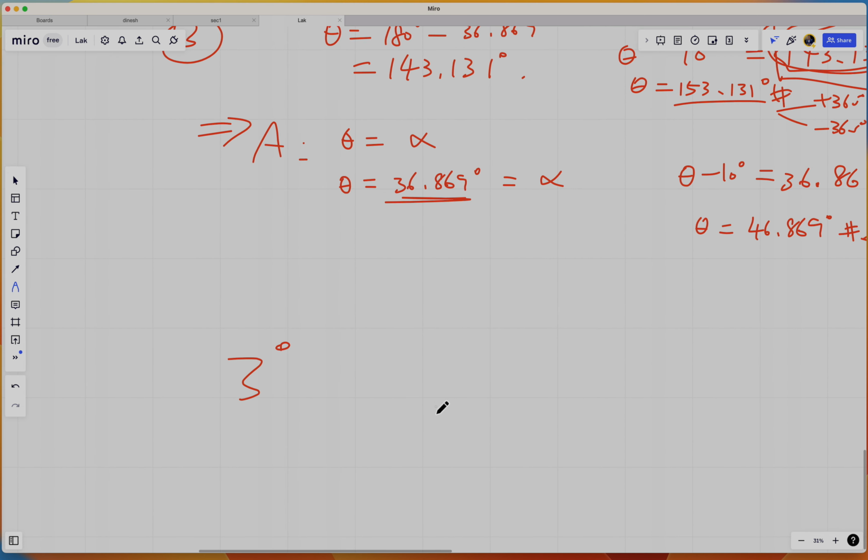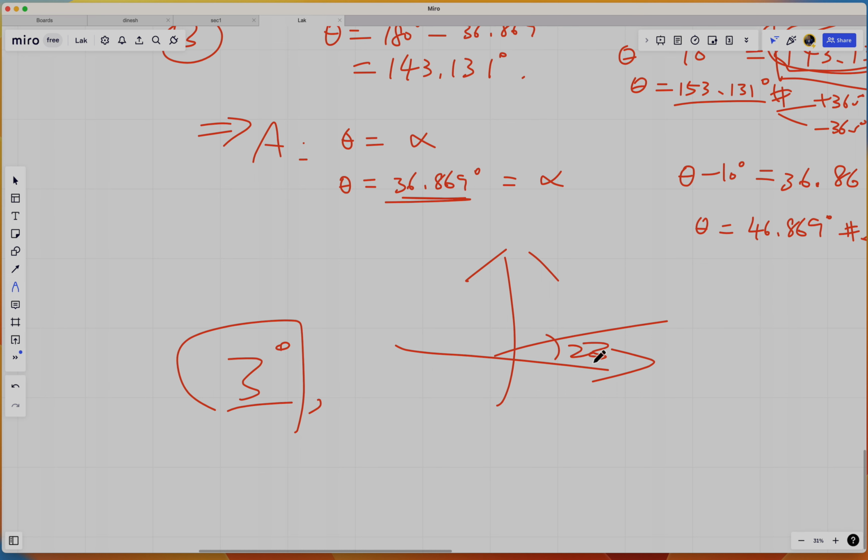3 degree. Give me another angle that is the same position as 3 degree. I give you a 3 degree. Give me another angle that points to the same position as 3 degree. Let's say this is 23 degree. Give me another angle that points to the same position as 23 degree.